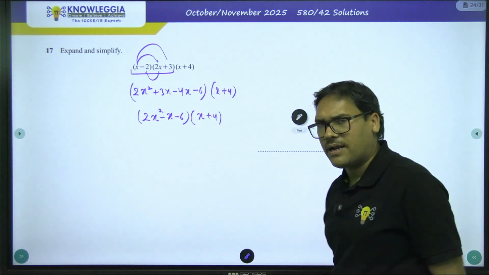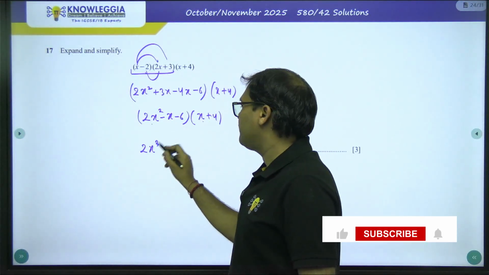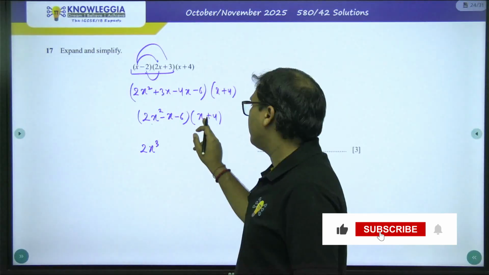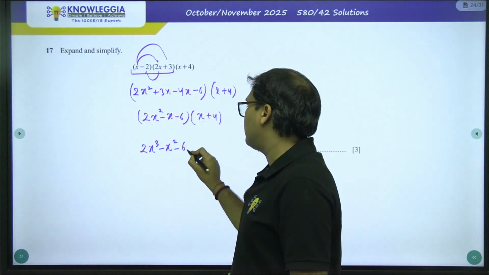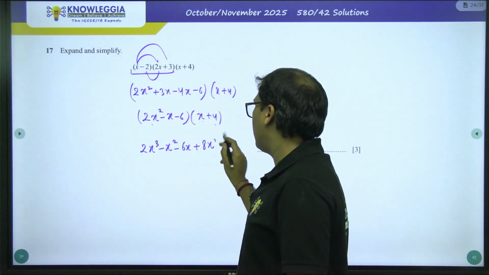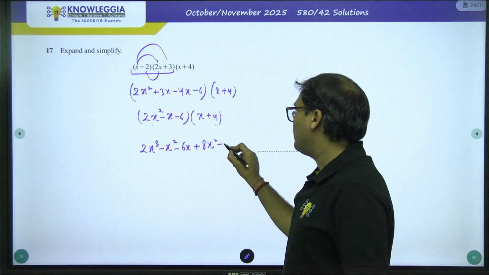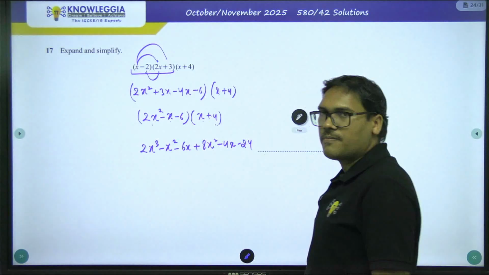Now again open the bracket. So let's start. x into 2x squared is 2x cube. x into minus x squared is minus x squared, x into minus 6 is minus 6x, 4 into 2x squared is 8x squared, 4 into minus x is minus 4x, 4 into minus 6 is minus 24. Right?